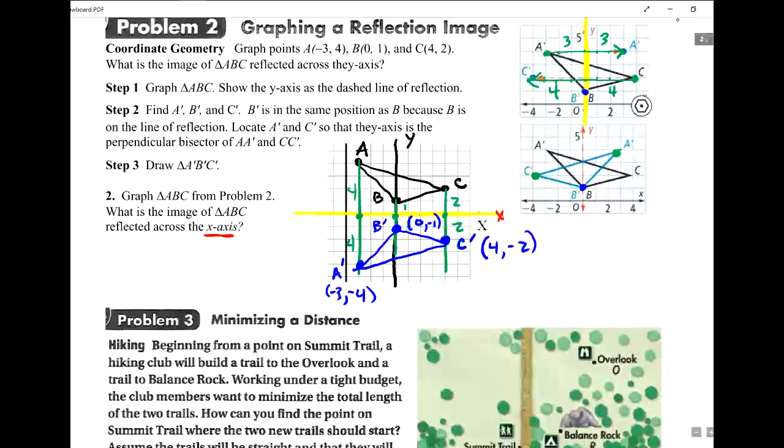Now let's compare those to our original points. A here is at negative 3, 4, B is at 0, 1, and C is at 4, 2. Notice how all of our x's stay the same, but our y's, because we reflected across the x-axis, all of our y's are simply the opposites. So that's kind of fun.